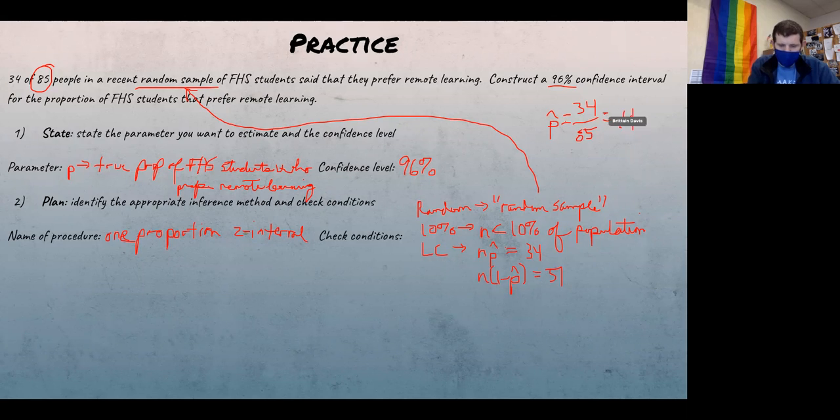So again, now if I did this, let me go ahead and erase this. We'll do it again. If I did 85 times 0.4, basically I'm just undoing that calculation I just did, and that's why it's going to give me 34. And then if I did 85 times 0.6, I would get the 51.